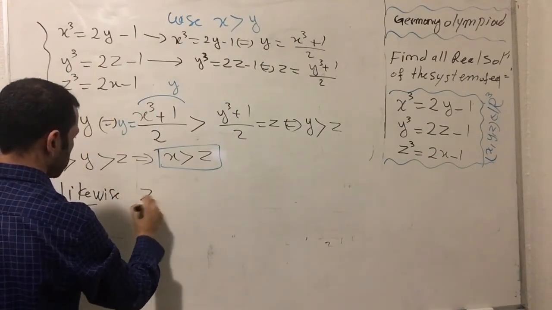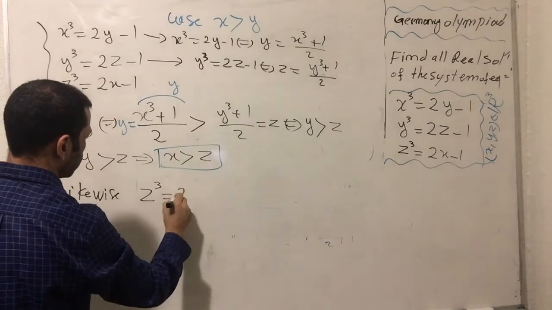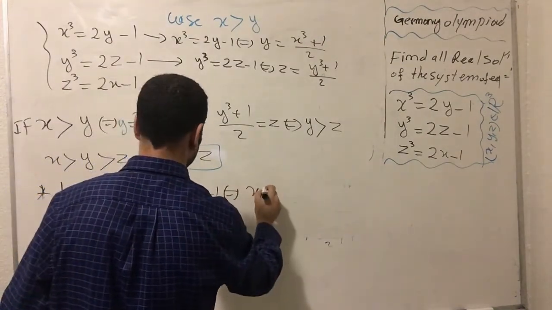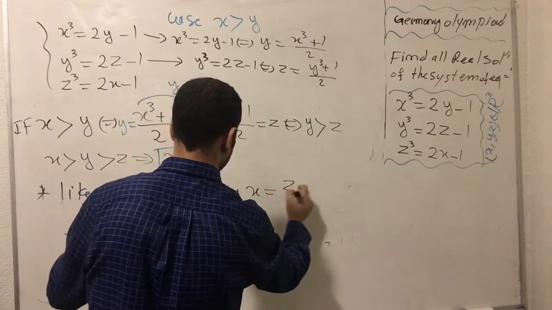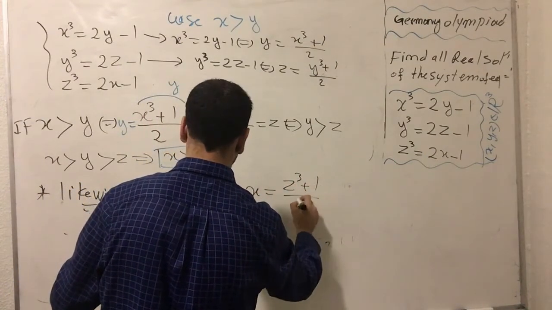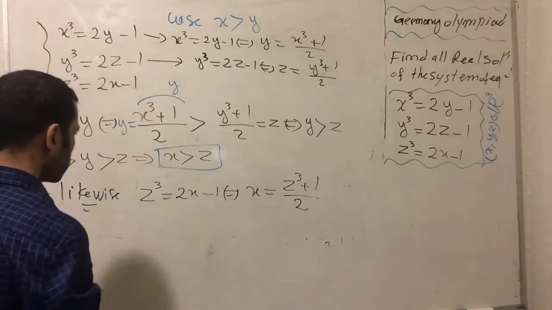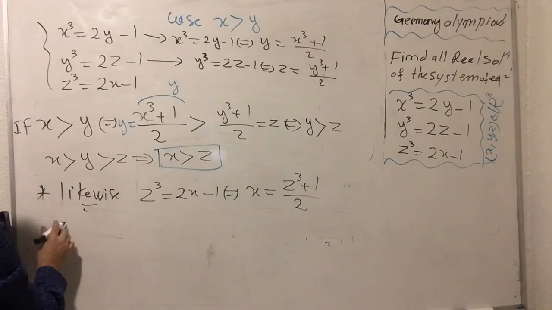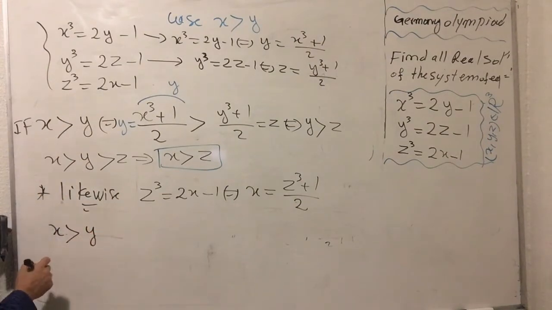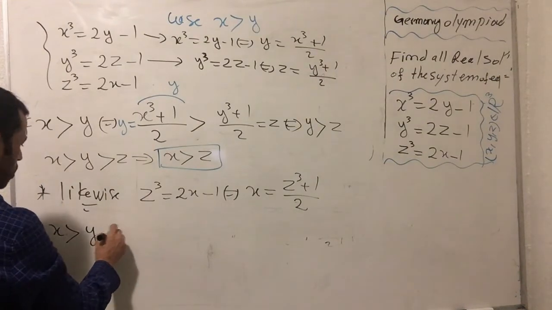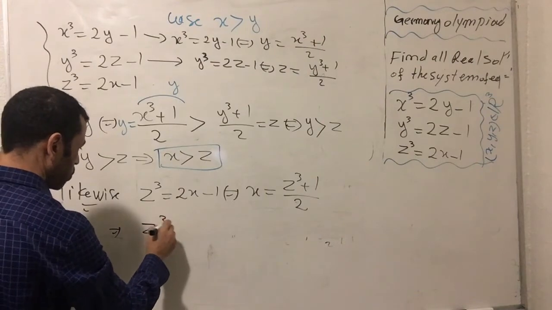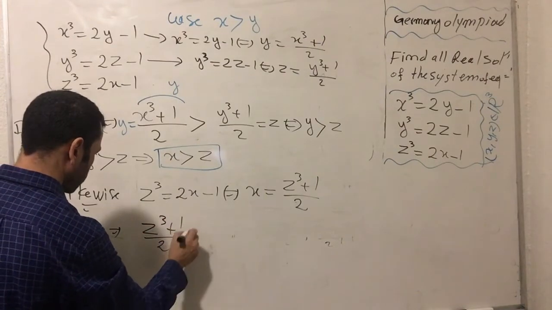So we have z cubed equal to x minus 1. This is equivalent to x equal to z cubed plus 1 over 2. Since we have x greater than y, I'm going to replace x with this value, z cubed plus 1 over 2.